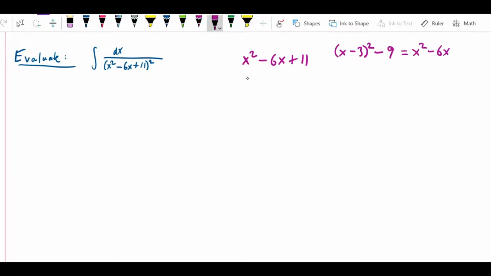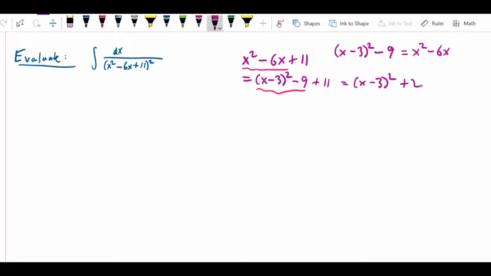So the point is that x squared minus 6x plus 11 is equal to x minus 3 squared minus 9 plus 11, because this is equal to that. So that's going to be equal to x minus 3 squared plus 2.